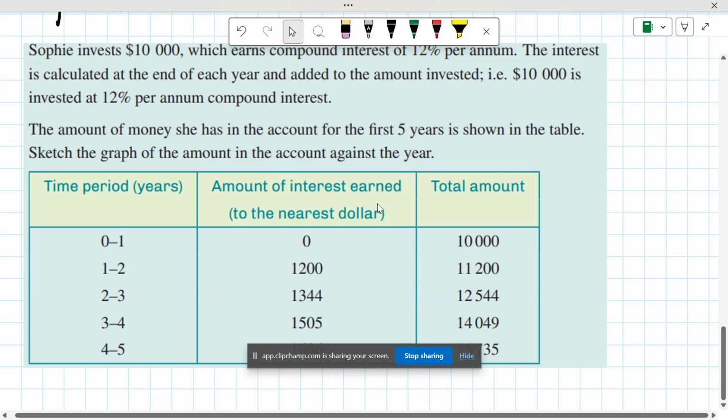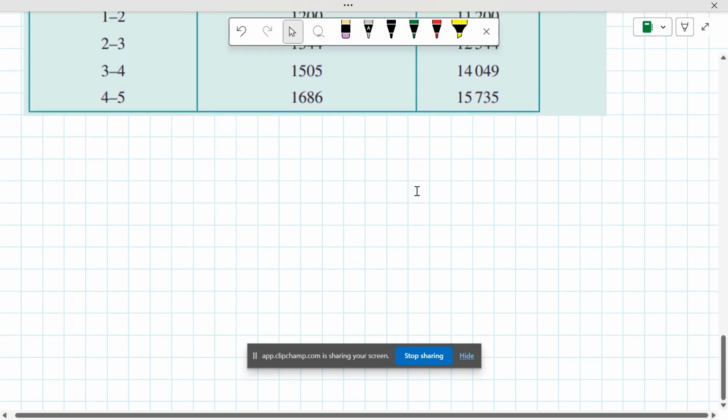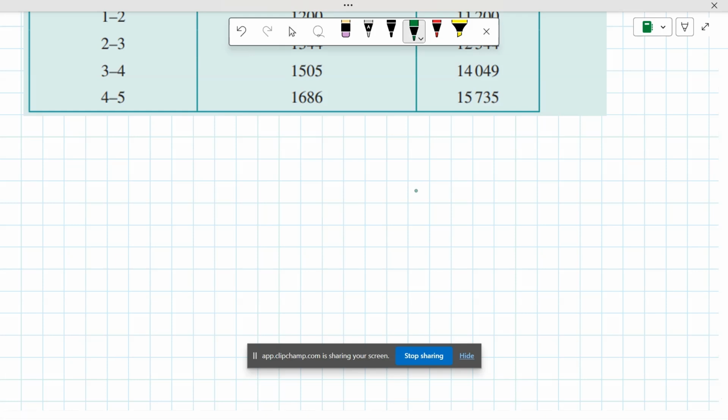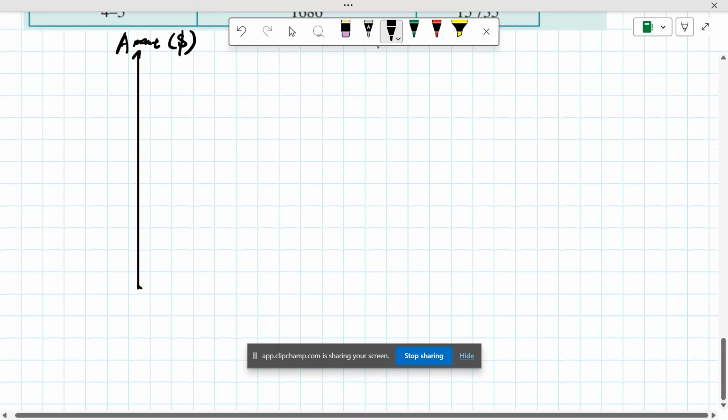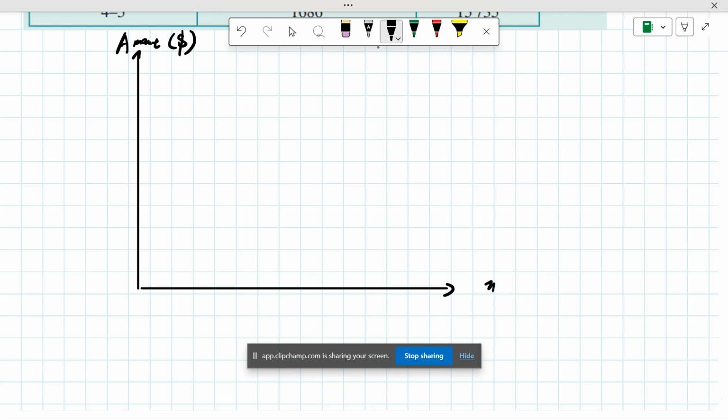First, if I want to create a step graph, it will look like this. This time I'm going to label my y-axis, which is the amount of money, and this horizontal line is my year. We start from 0 to 1 to 2 to 3 to 4 and to 5.